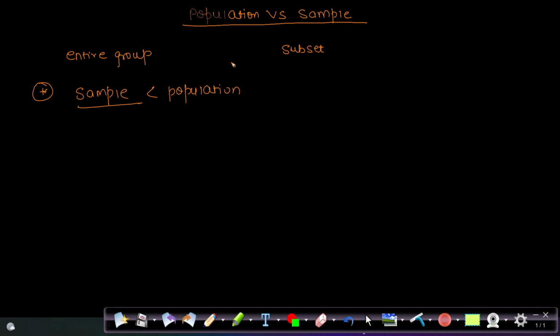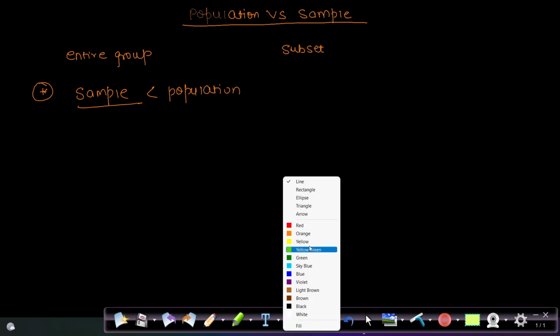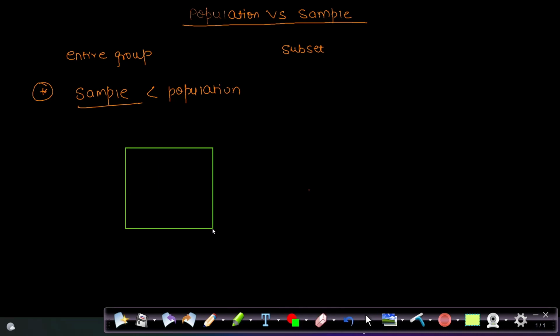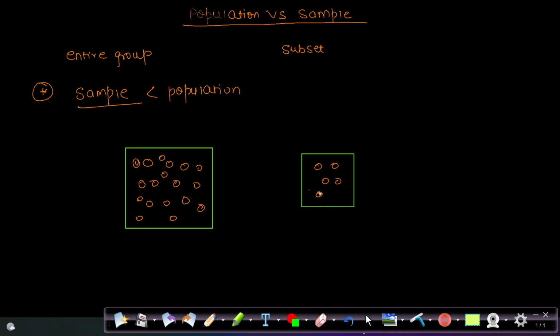Let's suppose this is your population and this is your sample. Here we have a whole population, and we take some of the samples from it.